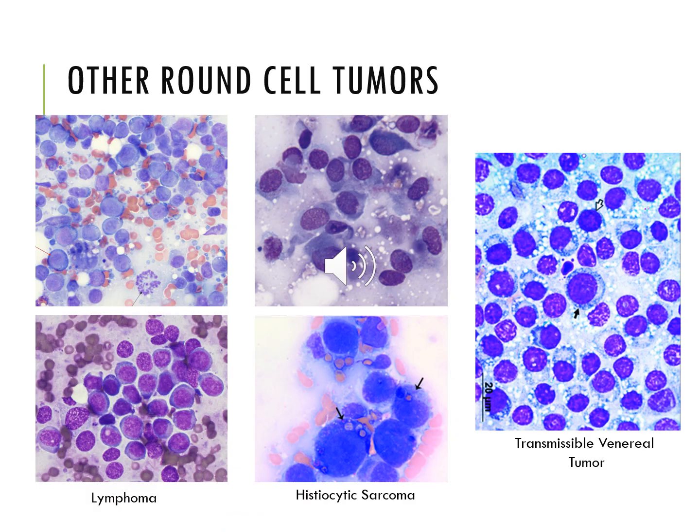So some other round cell tumors that we very commonly see: on the left-hand side, the top and bottom photos are an example of lymphoma. We diagnose lymphoma almost daily down in ClinPath. It's very common in our domestic species, especially dogs. And so this top photo here shows pretty large lymphocytes.